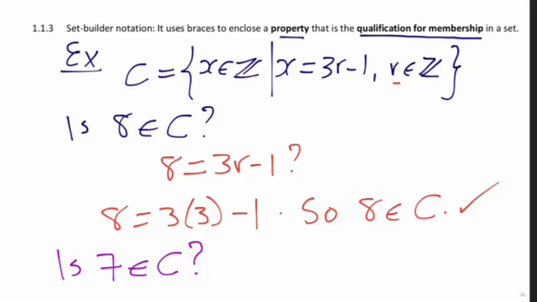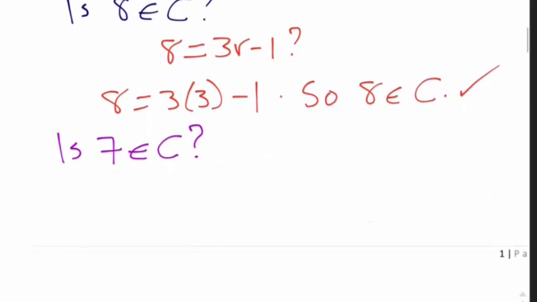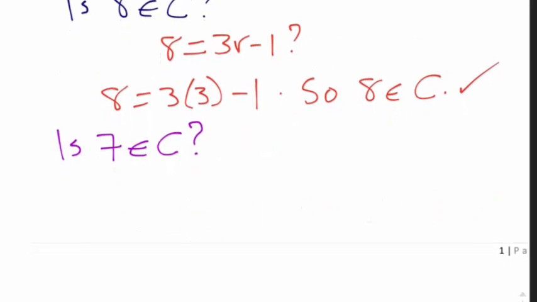Well, we can prove that it is or it's not exhaustively by inserting all the possible values of an integer in the place of r and checking if any of those would yield 7. Or we can do it by contradiction. So let's verify that together.